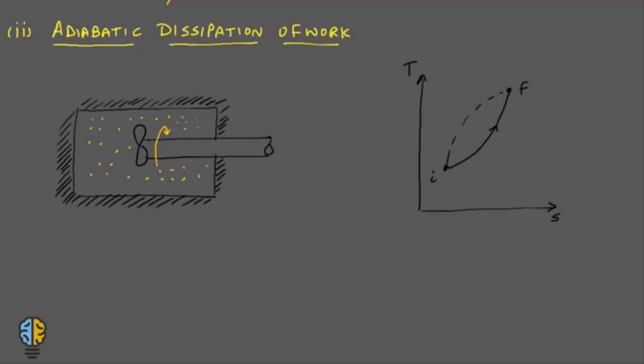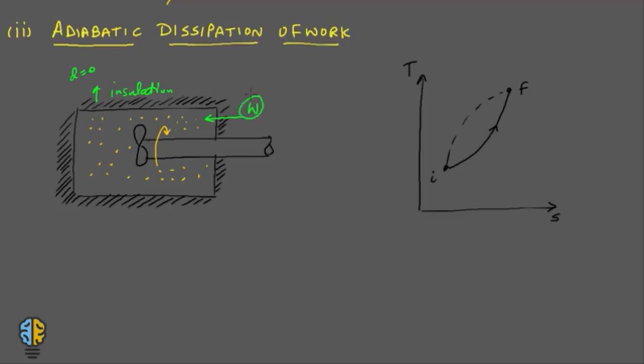Now the work input is W to this, and this is insulated from the outside. This work which is supplied to the thermally insulated liquid is dissipated adiabatically into the internal energy increase of the liquid, because heat cannot move outside the system, so that is 0.